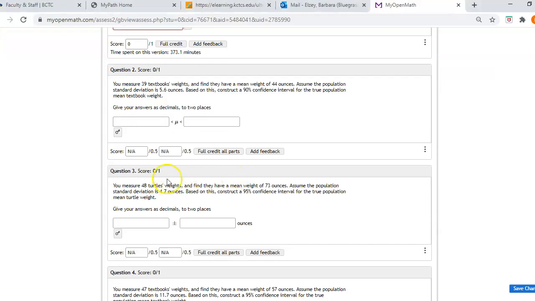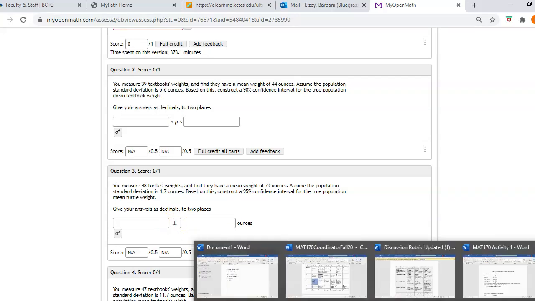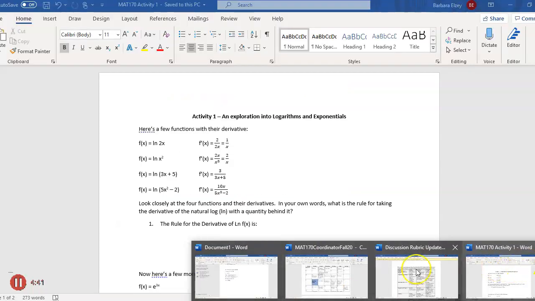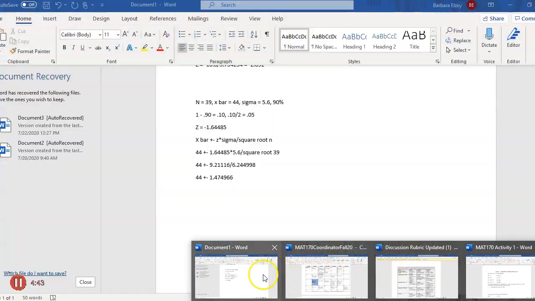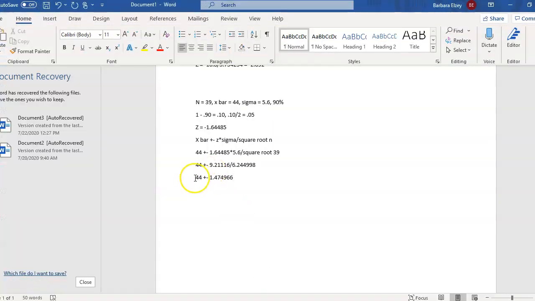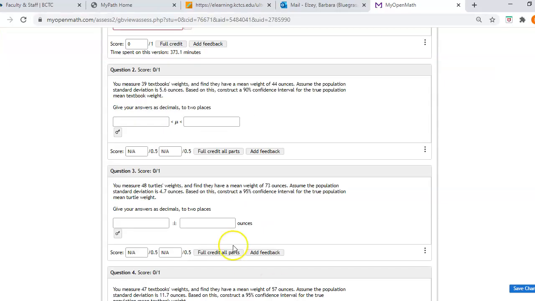So for example, here in number 3, notice that plus minus, that's really reporting it exactly as we have it written. We would put the 44 in the first blank and the 1.474966 in the second blank, although we probably would need to round to 2 decimal places.